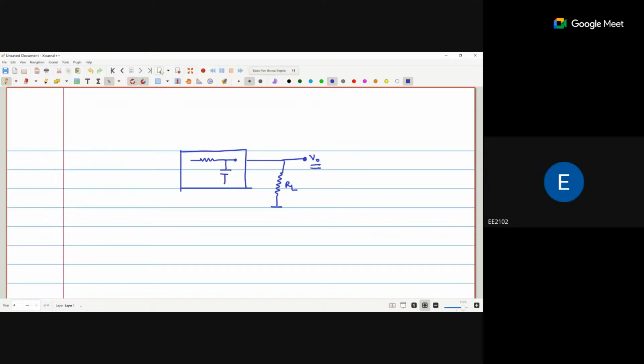So what is the effect of this RL? My circuit should be: this is the R, 1 upon Cs, and RL.